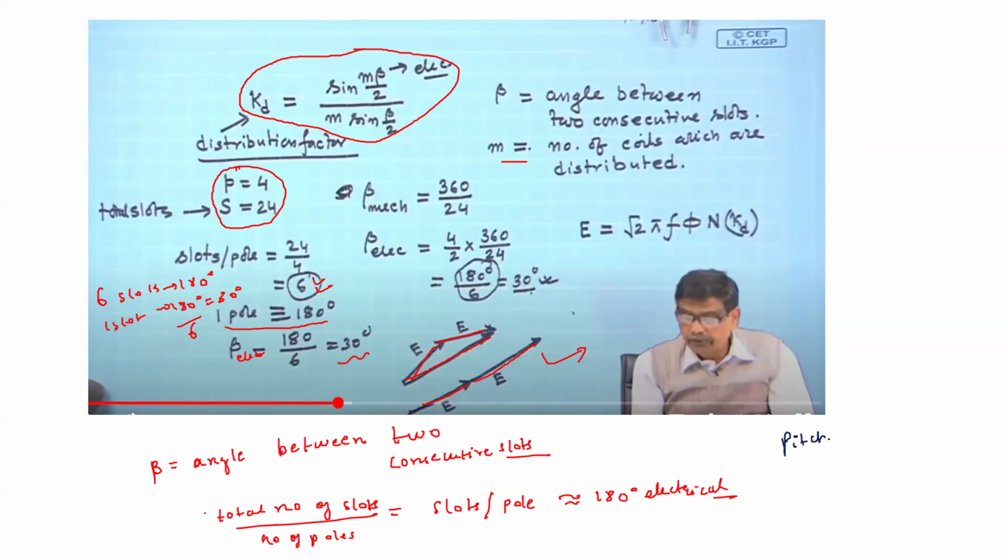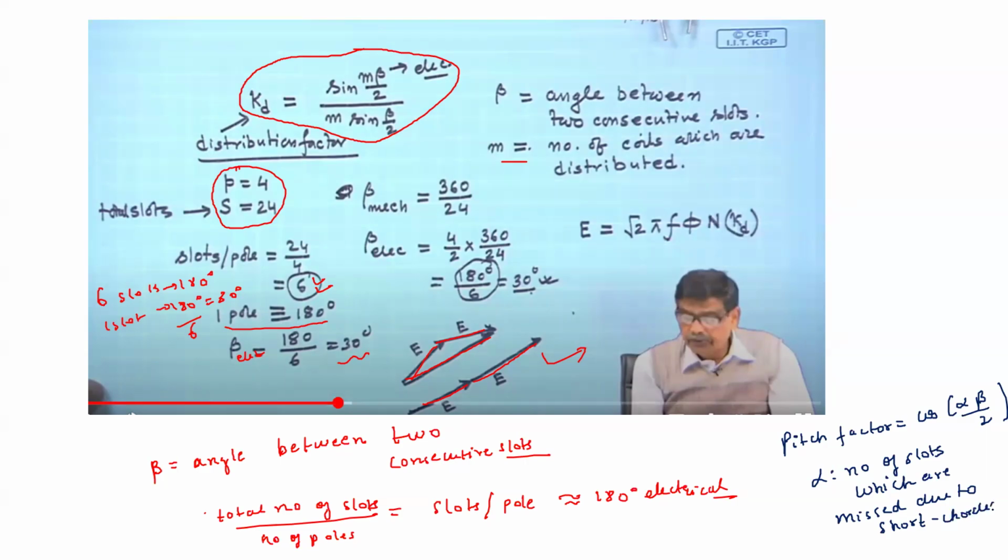So pitch factor is equal to cos alpha beta by 2, where alpha is the number of slots which are missed due to short chorded coils.